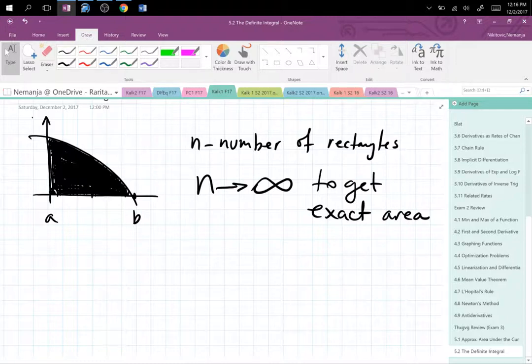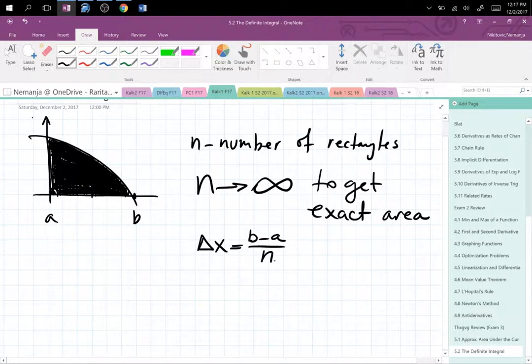What is the thickness of each rectangle? Almost 0. The thickness of each rectangle is going to 0. So my delta x, which is always the formula b minus a over n, is actually going to 0 because n is going to infinity.